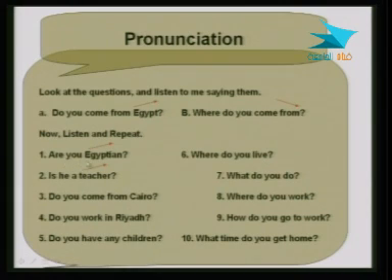Are you Egyptian? Is he a teacher? Do you come from Cairo? Do you work in Riyadh? Do you have any children? Okay, there you go. All of these, of course, have rising intonation.